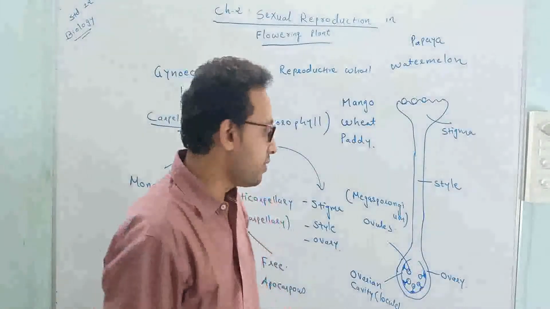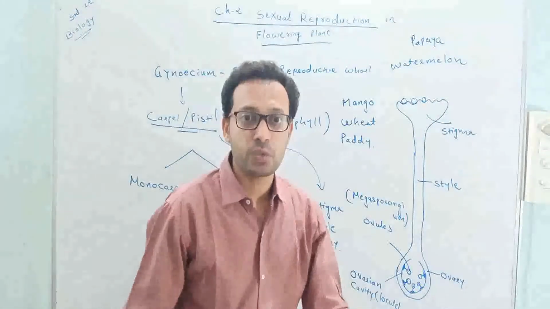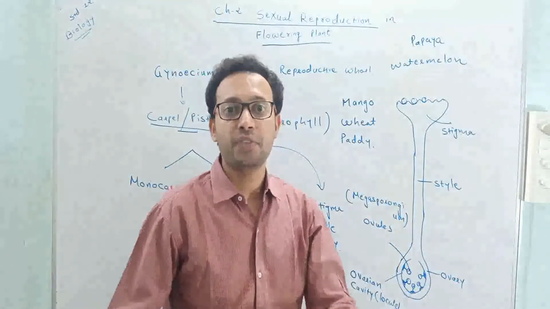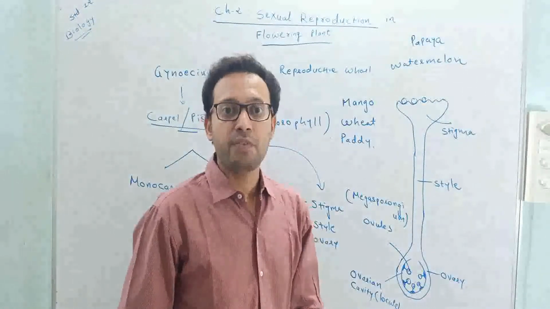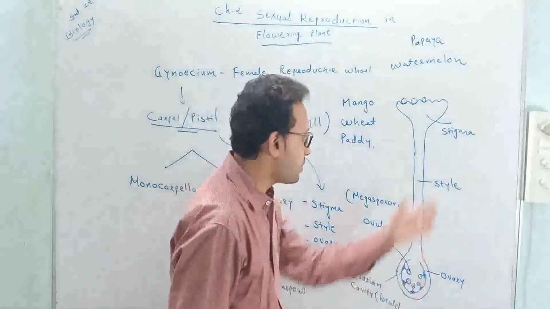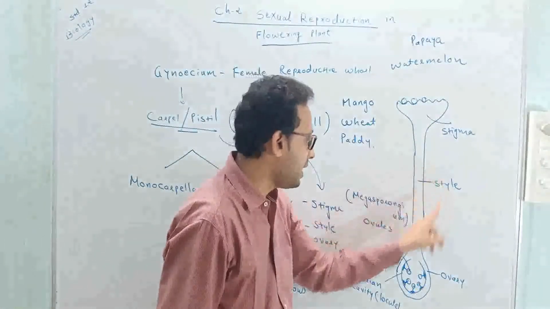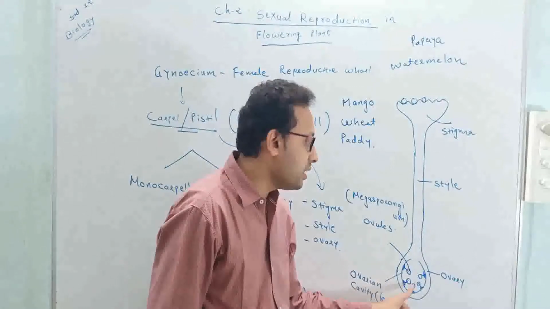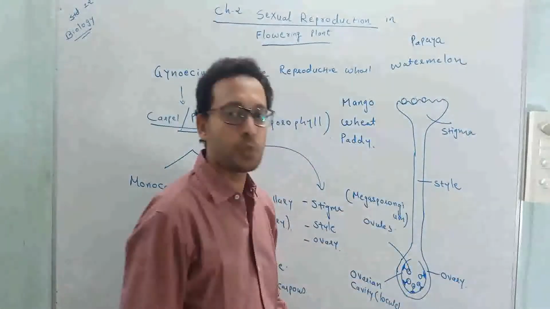Now we have to see the process we call formation of the female gamete. But for the female gamete we have to learn the structure. So we have seen the structure of carpel: stigma, style, ovary, and the ovary contains an ovule, what we call megasporangium.